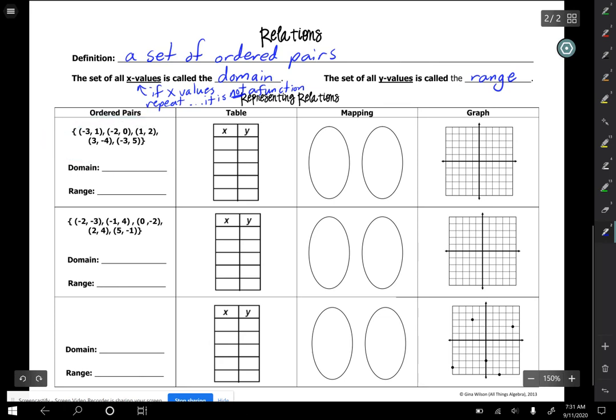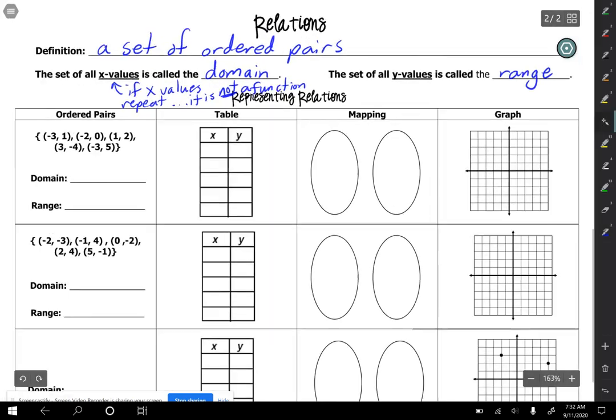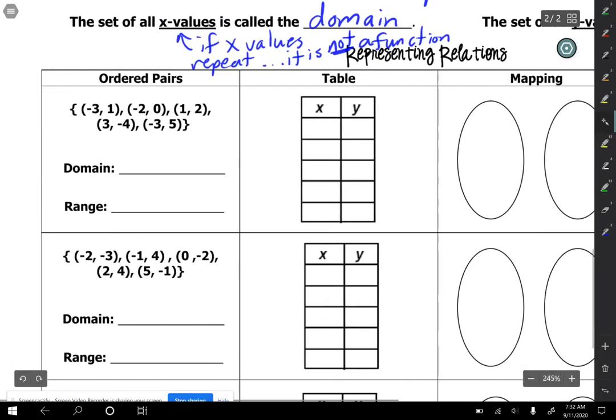I have (-3, 1), (-2, 0), (1, 2), (3, -4), and (-3, 5). Okay, so each ordered pair has an x and a y value. The first one is always x and the second one is always y. So I like to label these as x and y's before I begin, because I know that my domain are the x's and my range are the y's.